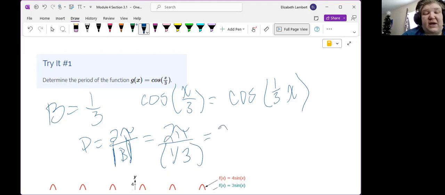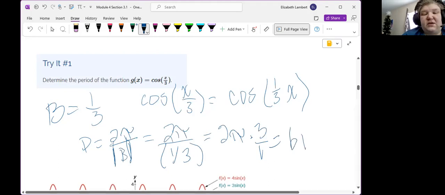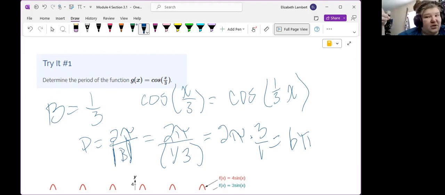Dividing by a fraction is the same as multiplying by the reciprocal. So the period of cosine x over 3 is 6 pi. So this graph is 3 times as long as our regular cosine graph. So that's a horizontal stretching and squashing.